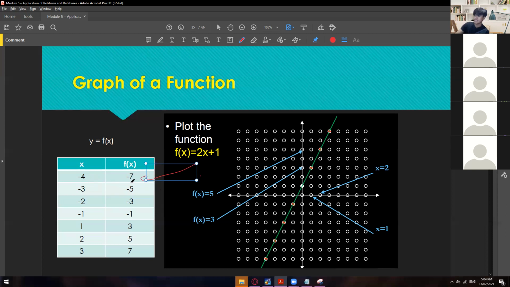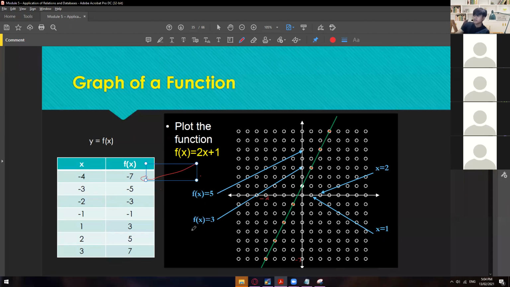And as you can see, this negative 4, negative 7 is this coordinate. So negative 1, negative 2, negative 3, negative 4, and then this one is negative 7. And so on and so forth until you get this coordinate. Okay, so we have 3 here. Oops, sorry. 3 and then positive 7. So 3, 7, which is this one.